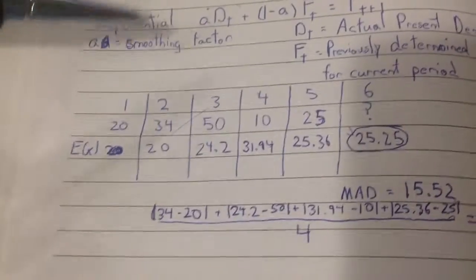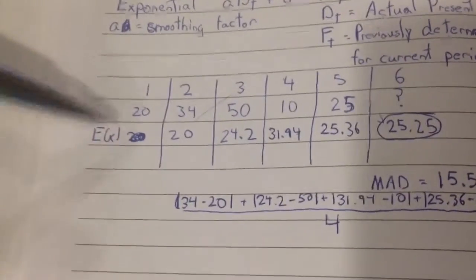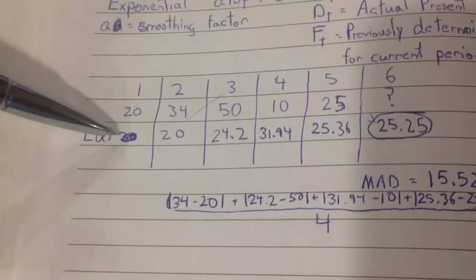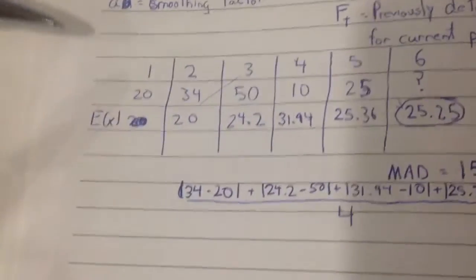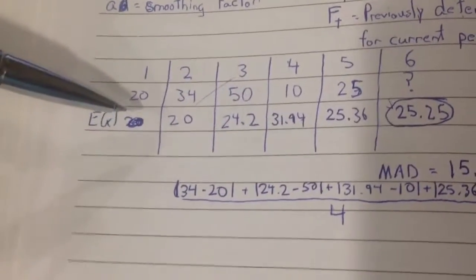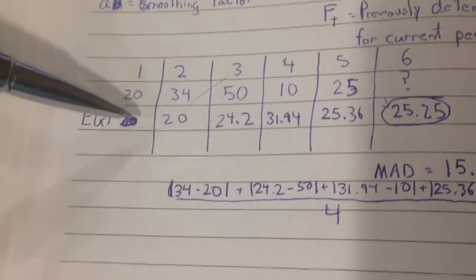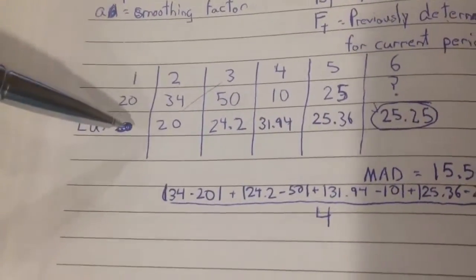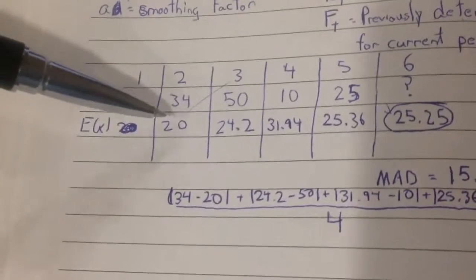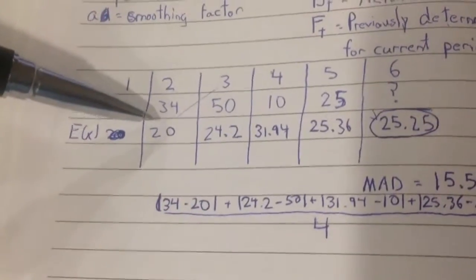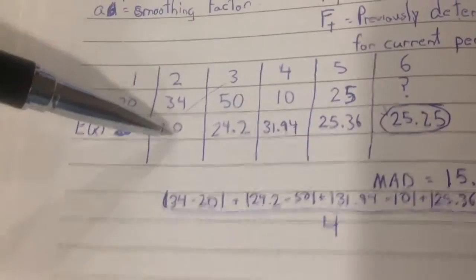So when we start doing the calculations, for the first week, we don't have a forecast because there's no previous weeks to base it on. In this case, the forecast and the actual remain as 20. So we put 20 as the expected value of the second week.